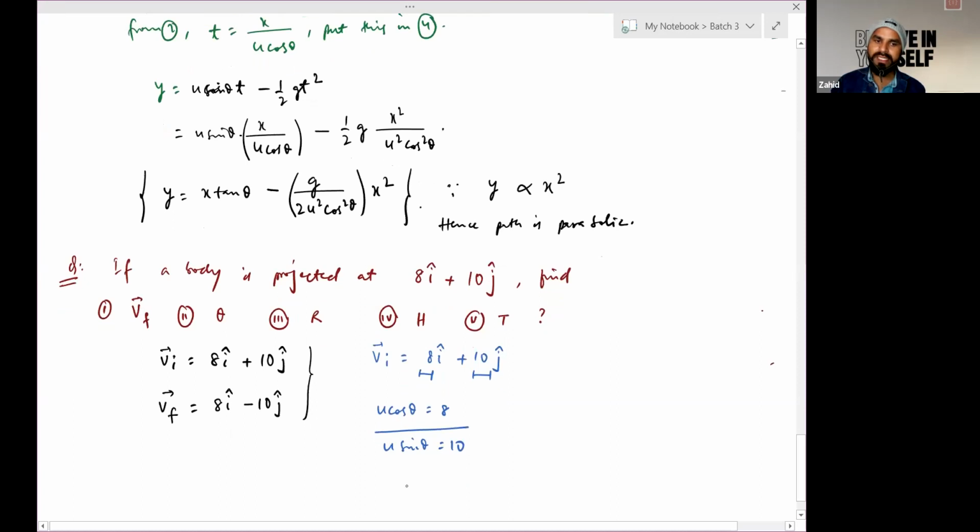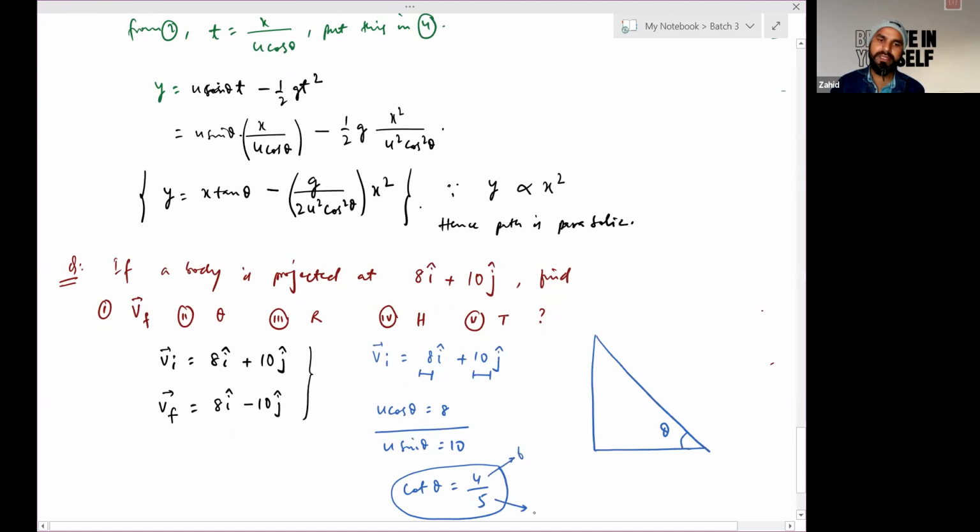Cos divided by sine will be cot theta equal to 4 divided by 5. Using this relation, if you draw a triangle, let this be theta, as cot theta is the ratio of base and perpendicular.